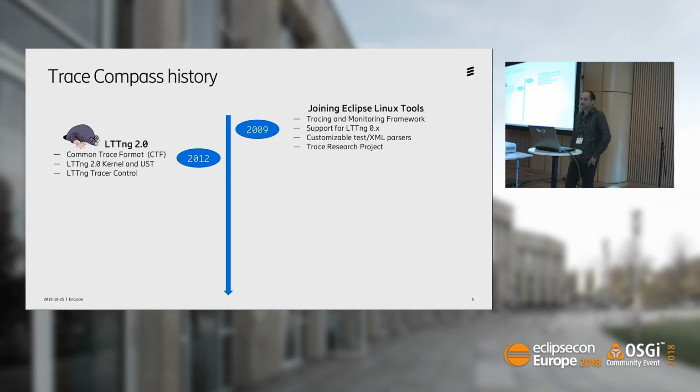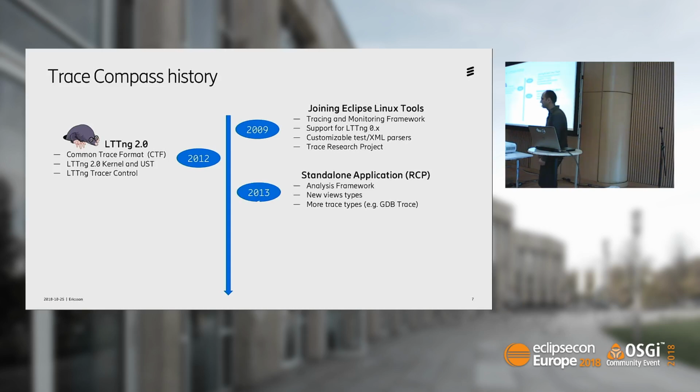LTTng 2.0 provides a common trace format, so the traces are in the CTF format, and we have a Java parser for that, and this format can be used in different areas. So we have kernel and user space tracing and a tracer control for that.